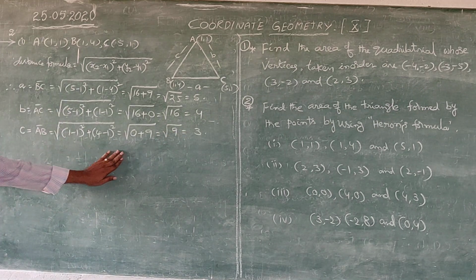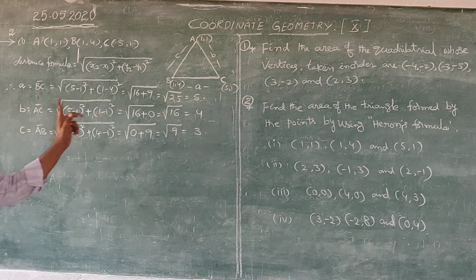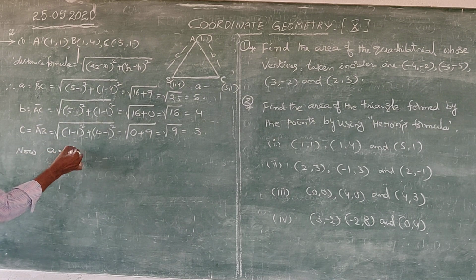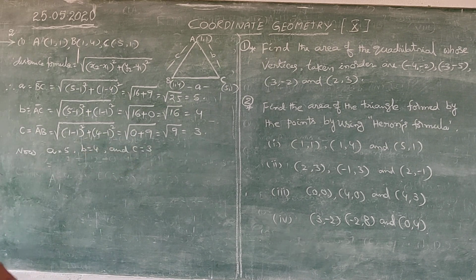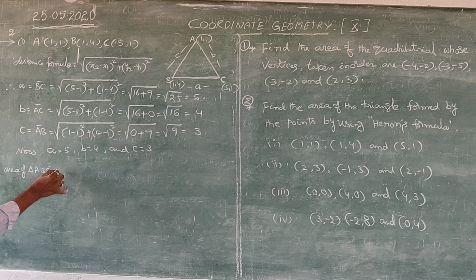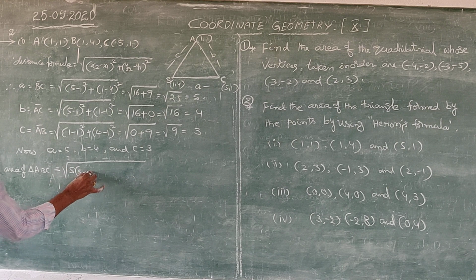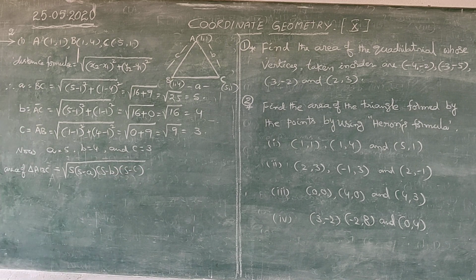Now the values are a is 5, b is 4 and c is 3. Using Heron's formula, the area of triangle ABC is the square root of s into (s minus a) into (s minus b) into (s minus c).